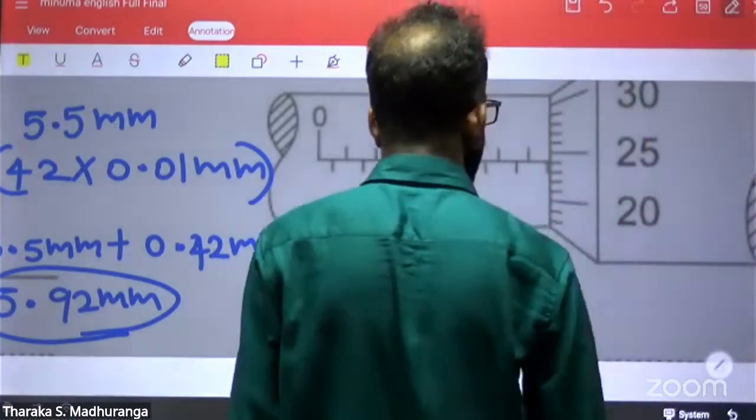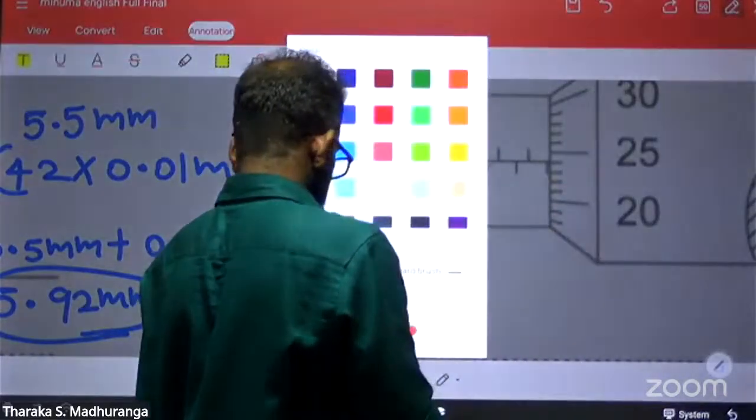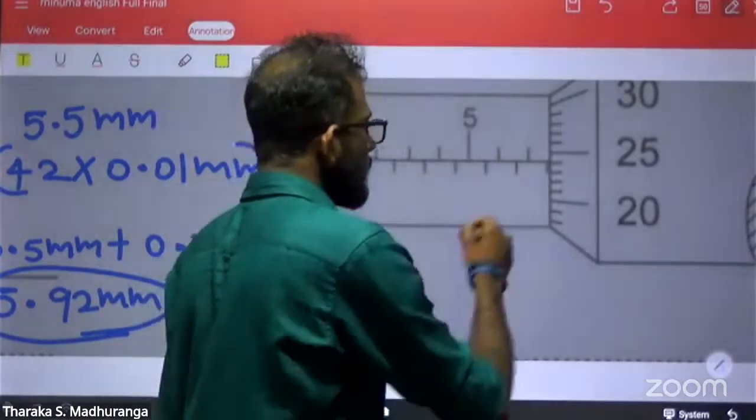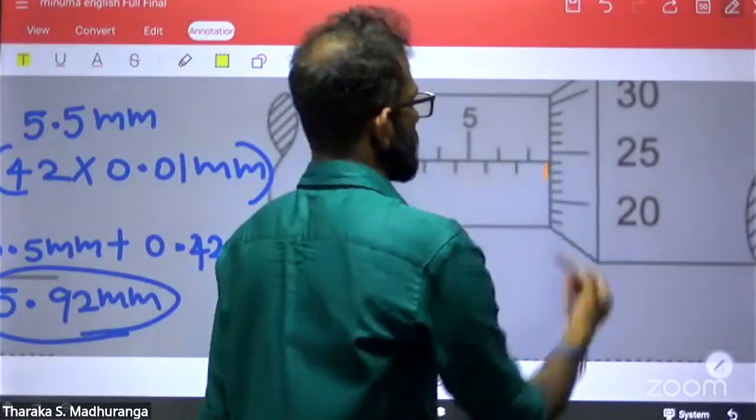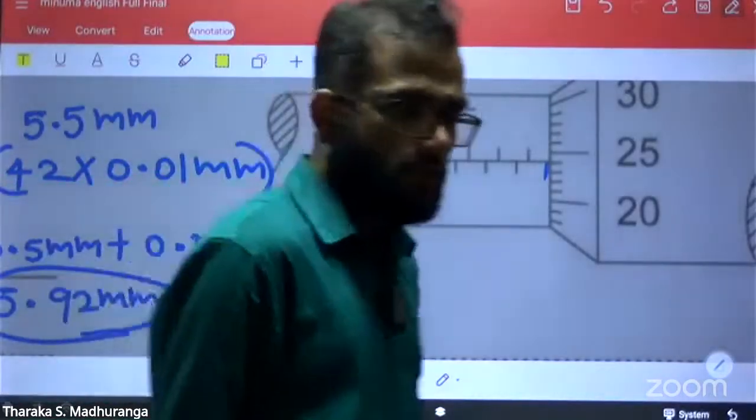Good. There is a line here. Good, Vishankar.